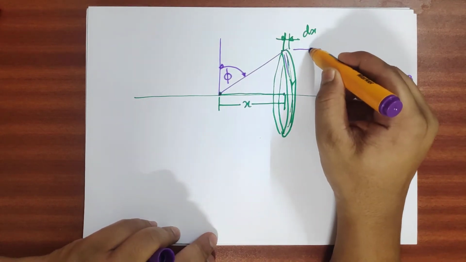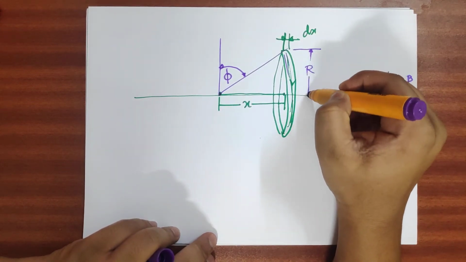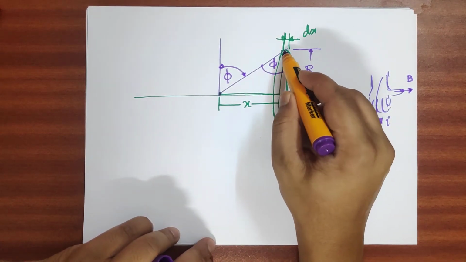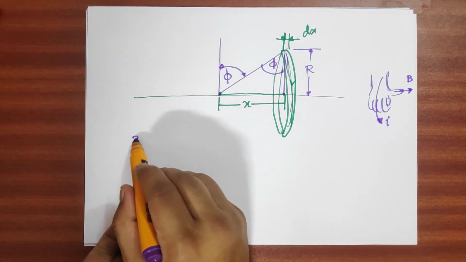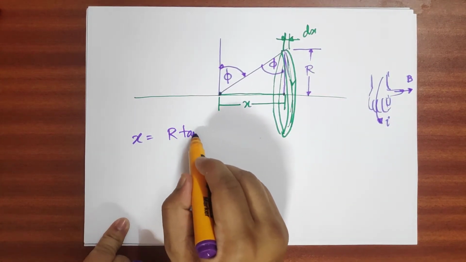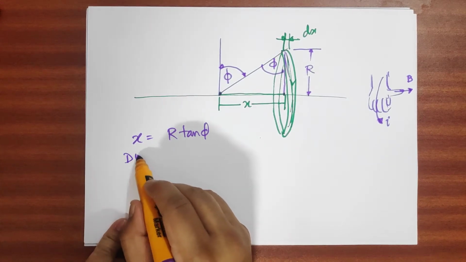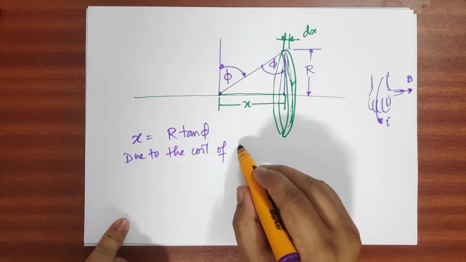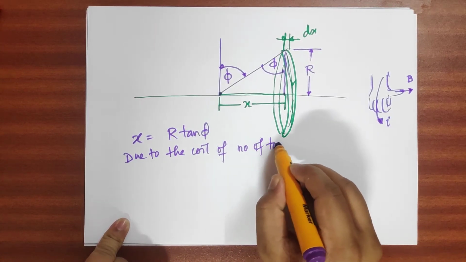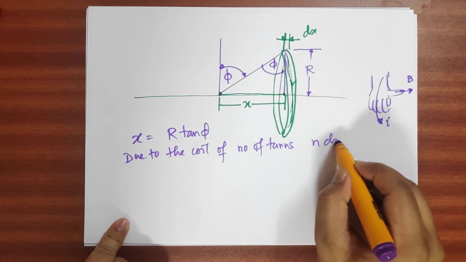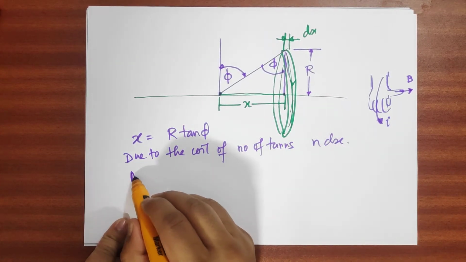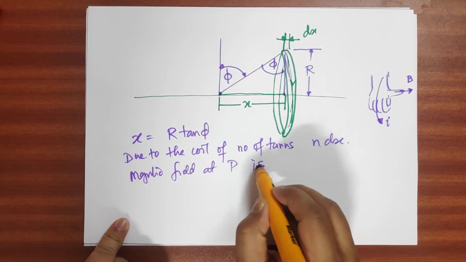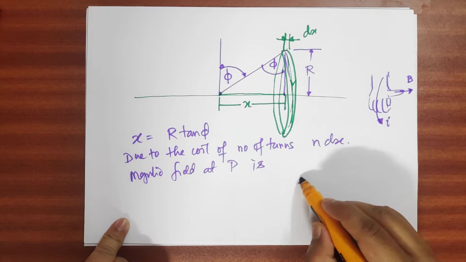And what is this radius? Say it's r, the radius is r, so this is phi, this is also phi. Okay. So x is equal to r times tan phi, right? Okay, so due to the coil of number of turns n times dx, the magnetic field at P is equal to, what was the formula?